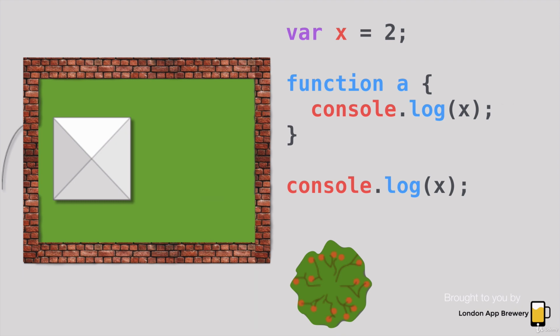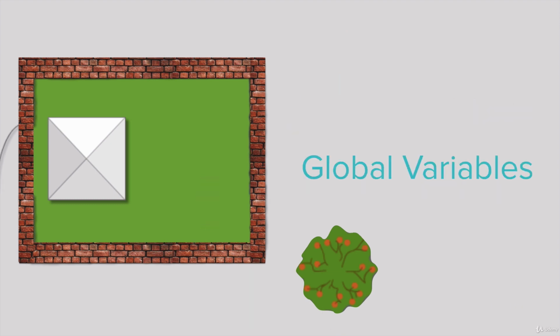And this is equivalent to an apple tree that's growing in the neighborhood. So not only can you, the person who lives in a house in the neighborhood, pick apples from the apple tree, but your neighbor who lives in a different house can also pick the public apple tree in the neighborhood. So these are known as global variables.